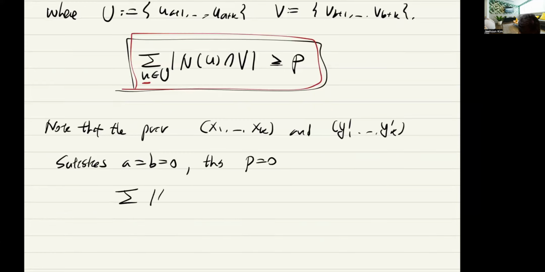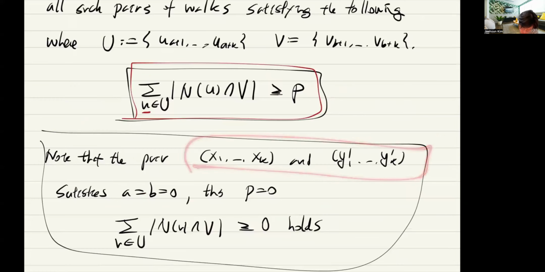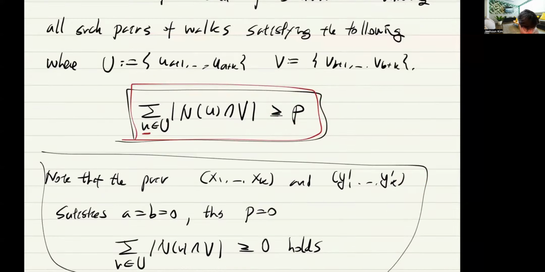So no matter what this is, this holds. So you consider all the pairs which satisfy this, and at least this one is there, so it's not an empty set. So among them, you can choose the one with the largest P.